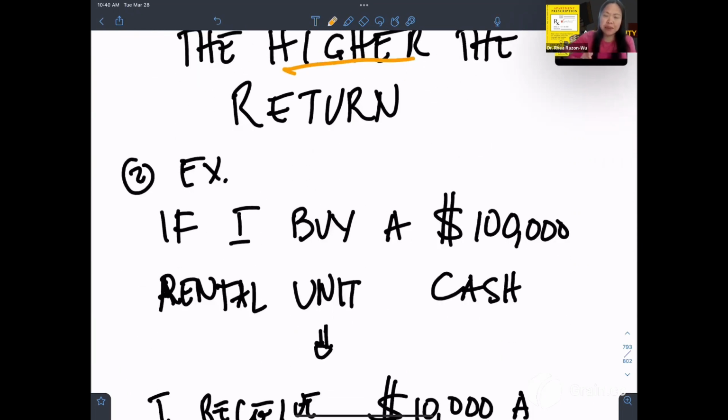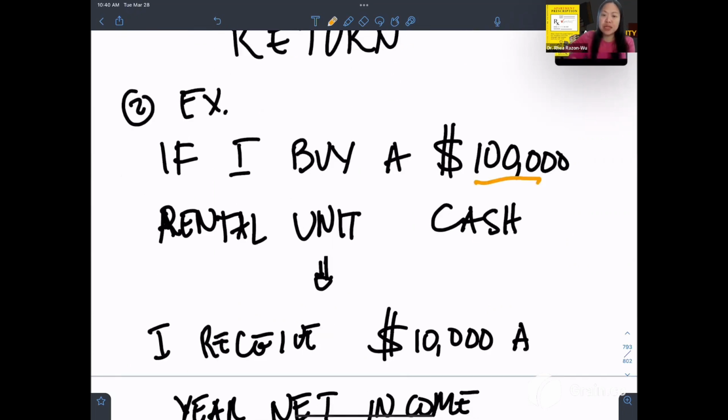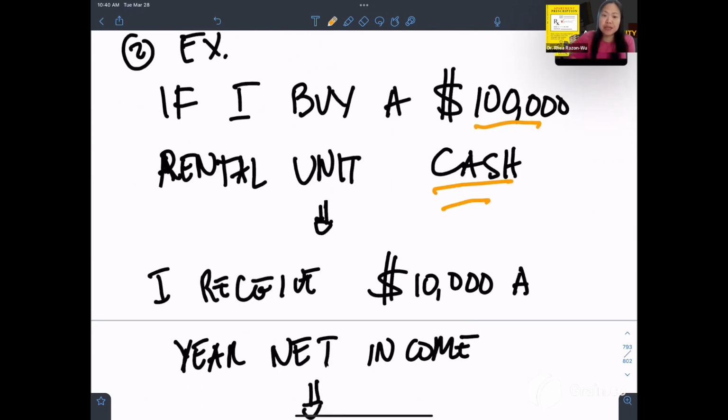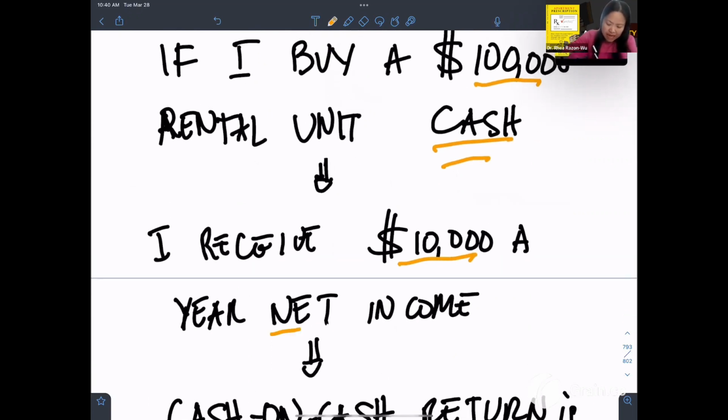Number two, example. If I buy a $100,000 rental unit, all in cash, and I receive a $10,000 a year net income, so this is net income. There's a difference between gross and net income.